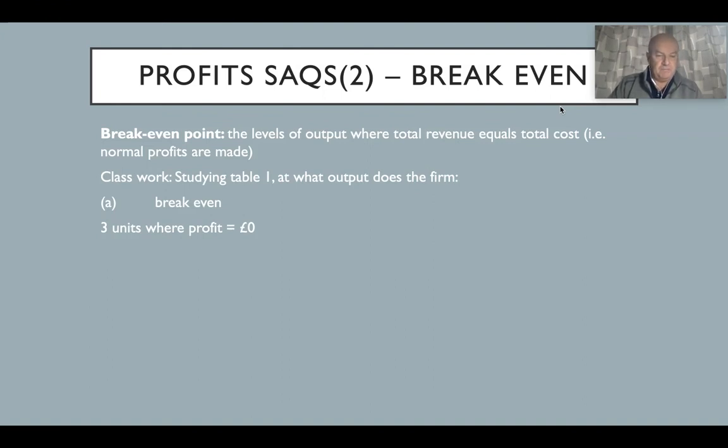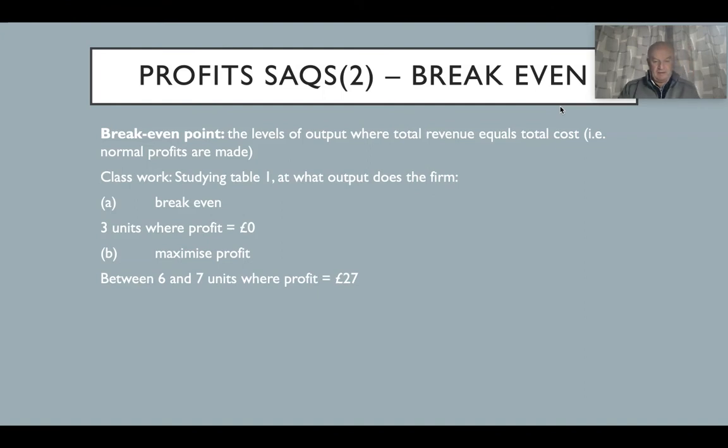we're breaking even. If we then look at where we're going to maximize profit, which is part B of the question, it's clearly going to be somewhere between 6 and 7 units, because we can see that we're making a profit of 27 in both of those cases.